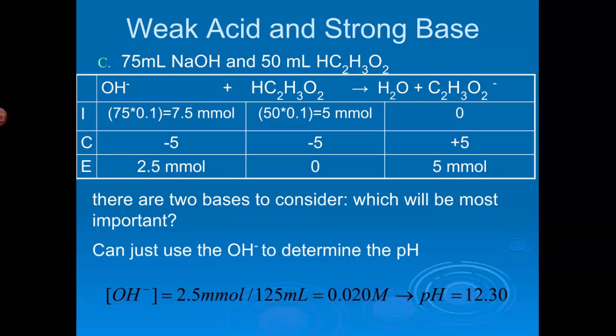Remember, not all of that weak base is going to act as a base, but all of that hydroxide will. The hydroxide is more important. So I can just use the hydroxide ion concentration to get my pH. The acetate concentration, the 5 millimoles per 125 milliliters, isn't going to really affect the pH all that much because it's a weak base, so it's not going to completely dissociate.